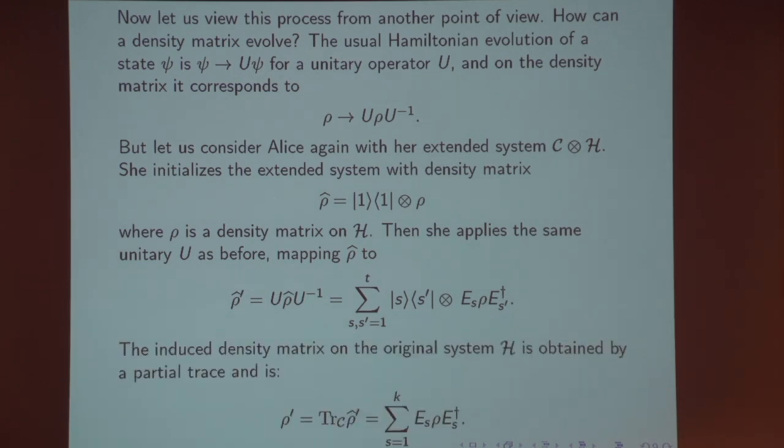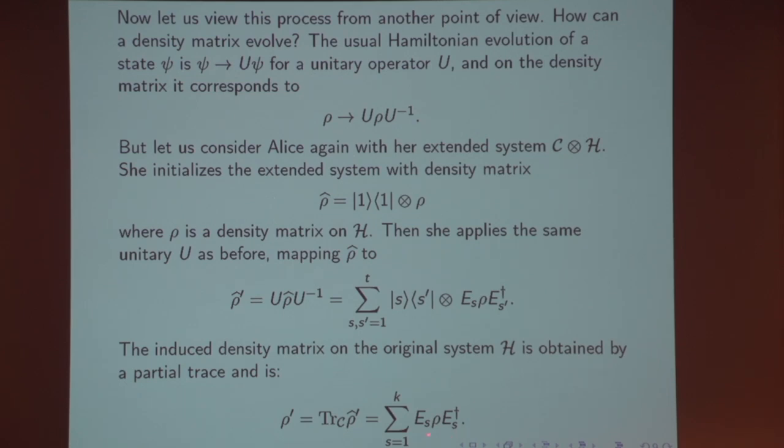Then she throws away the auxiliary system C. She either forgets about it, throws it away, or decides not to look at it anymore. So we take a partial trace and get a density matrix on the original system, and that's gotten by tracing out C, or in other words, by summing over S, and we find that the new density matrix of the original system is the sum of ES rho ES dagger.